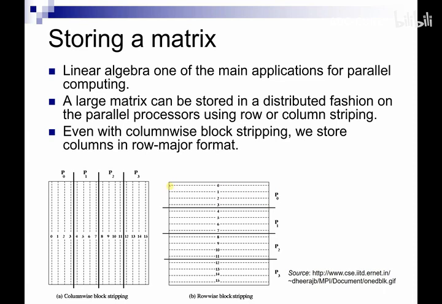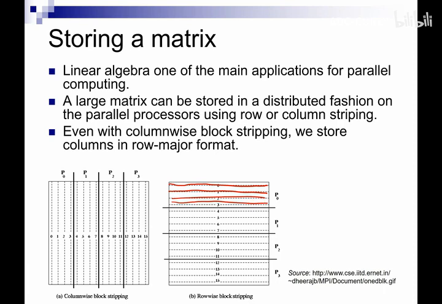They're usually represented in row major format, especially if we're working with C. C stores matrices in row major format, and what that means is that we store the first row of data, followed by the second row, followed by the third row, and so on. This is why it's called row major format.